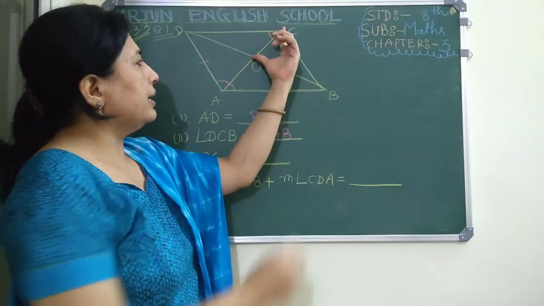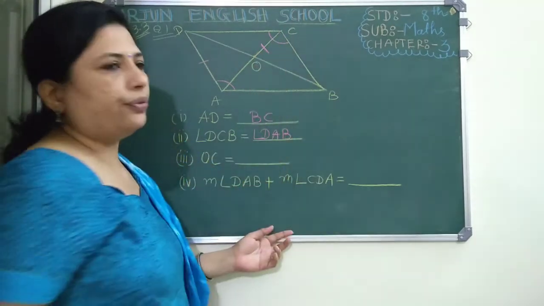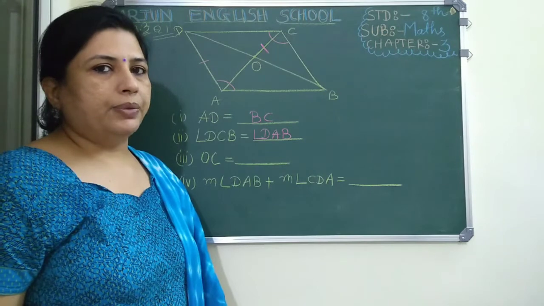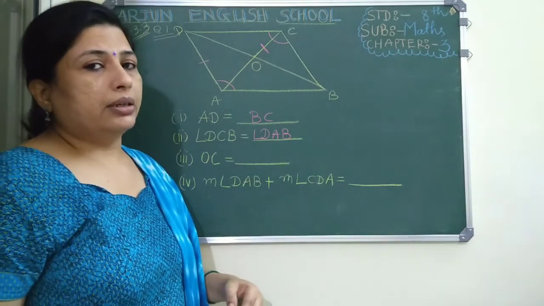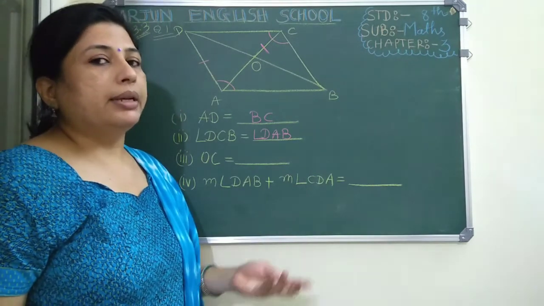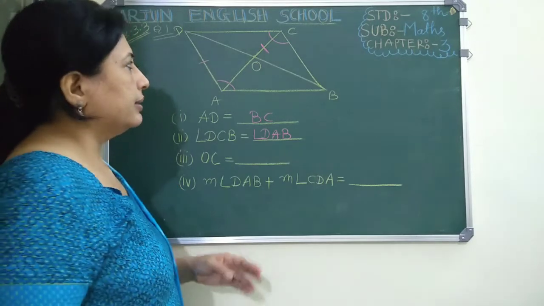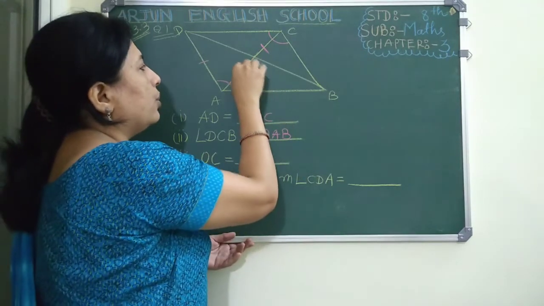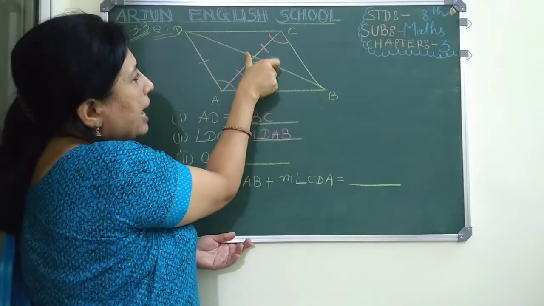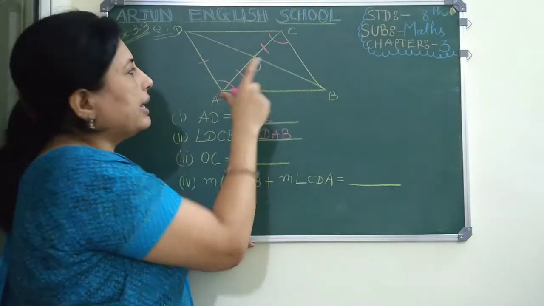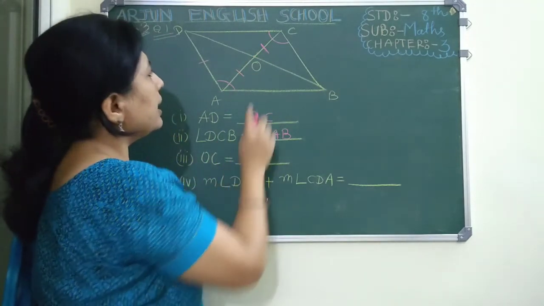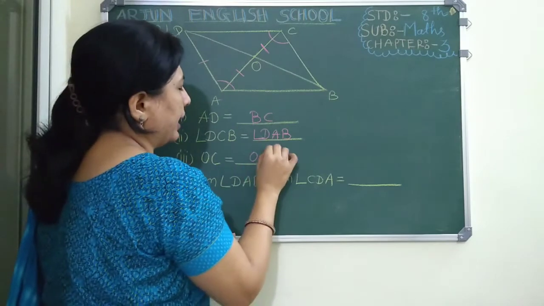Here you can see OC is part of diagonal AC, so you need the property that diagonals bisect each other. So OC is equal to OA, because diagonal BD bisects diagonal AC.